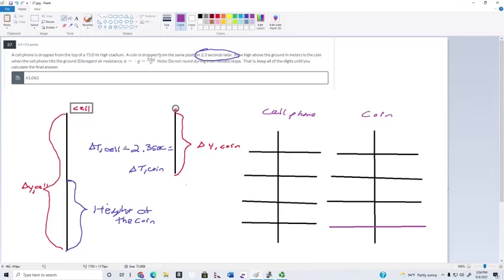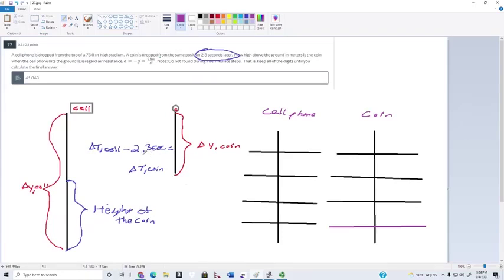You're going to subtract from that number whatever time is given basically right here. That's the amount of delay time. So you can look at that as the delay time. In other words, the cell phone was falling for that many seconds before the coin was dropped.